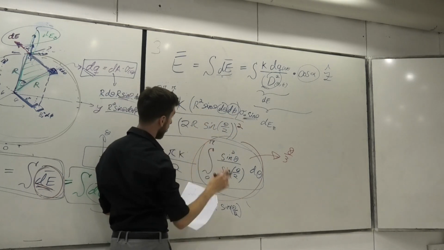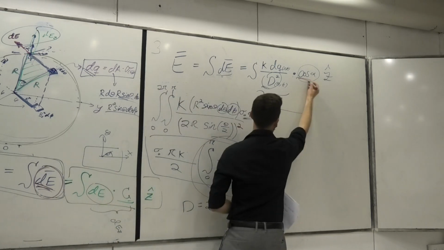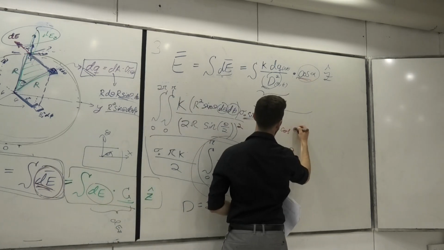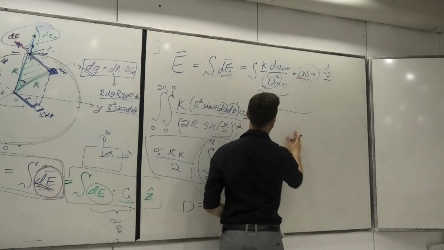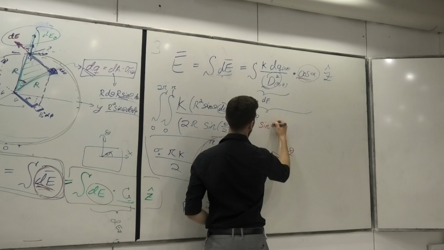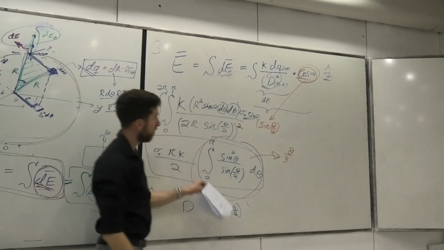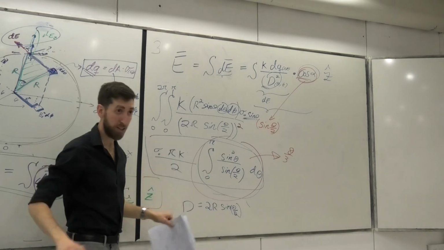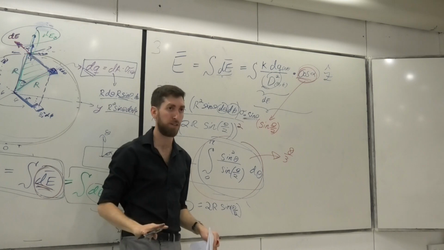Here is a sine, the sine of theta over 2, which is this term, but it will just cancel once. So, agreed, it's a really hard question, but not in the physics, in the math.